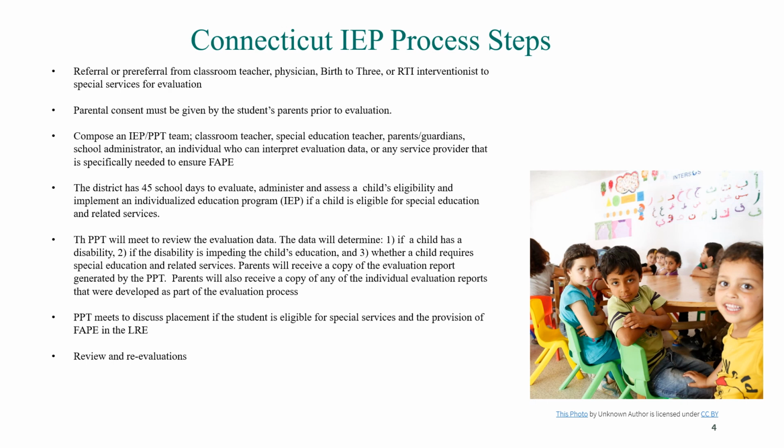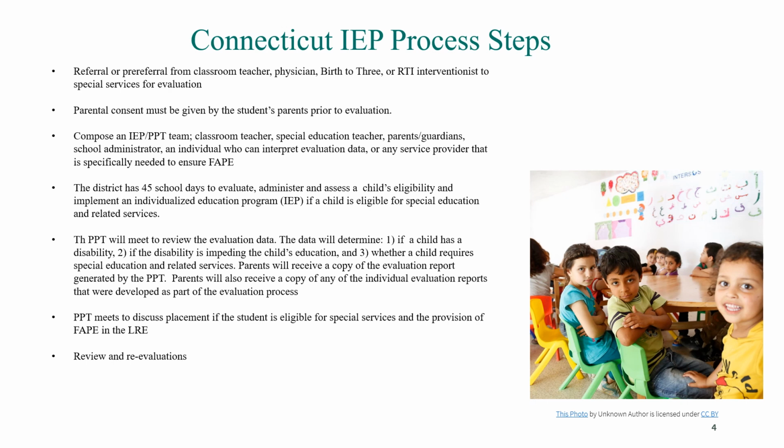The district generally, I know in Connecticut, has about 45 days from evaluation to administer and assess a child's eligibility and to implement the IEP. There may be some wiggle room in between.